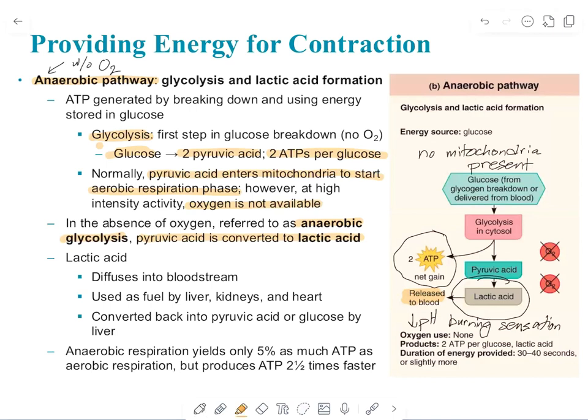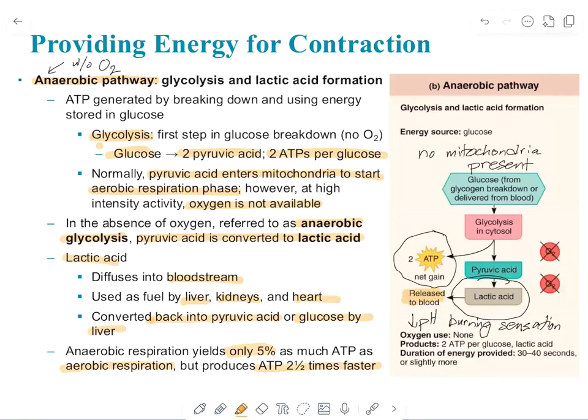The lactic acid goes in the bloodstream and is used as fuel by the liver, kidneys, and heart, but it can be converted back into pyruvic acid or glucose by the liver. Anaerobic respiration yields only 5% as much ATP as aerobic respiration, but it produces ATP much faster.